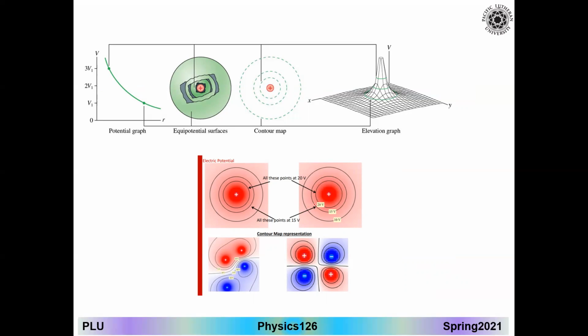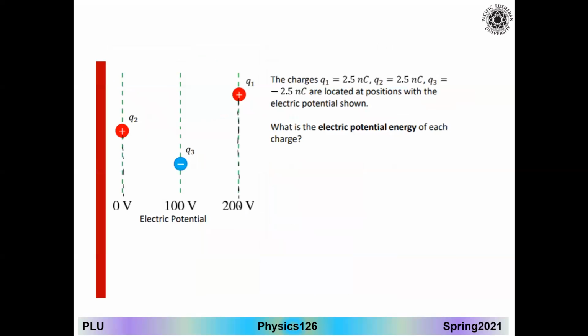So here in the first line is 20 volt, the first circle. As you move away from the charge, the electric potential decreases. So the second circle is 15 volt, and here is 10 volt, and so forth. All the time the electric potential value decreases as the circles increase around the charge, what we call the contour map.